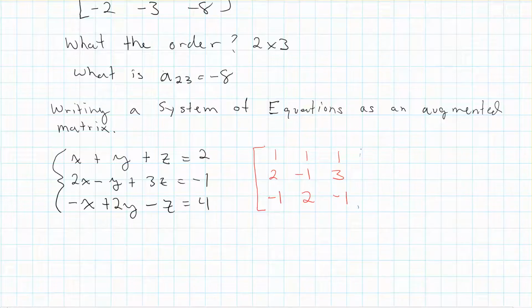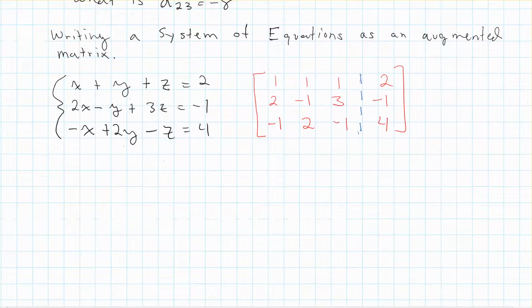Then they write down the numbers here, 2, negative 1, and 4. Technically the dotted line isn't necessary for a matrix, but we do this for augmented matrices, first to make sure we understand that this specific matrix represents a system of equations, because matrices can be used for lots of different things and represent lots of different types of problems. So by putting that there, this indicates that we're looking at a system of equations.